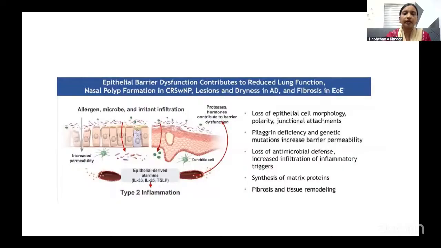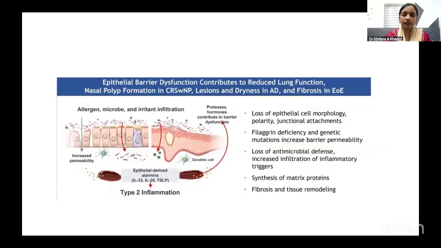The epithelial barrier dysfunction is actually a common factor for both eosinophilic and neutrophilic pathways. It is also common for all types of allergic disorders, and there will be loss of epithelial cell morphology.